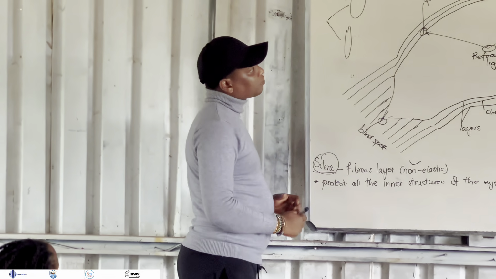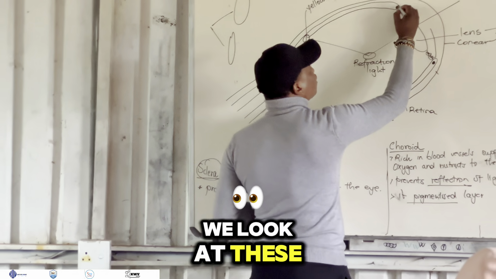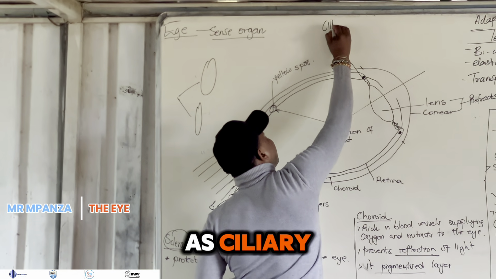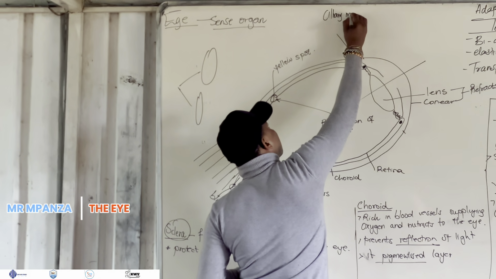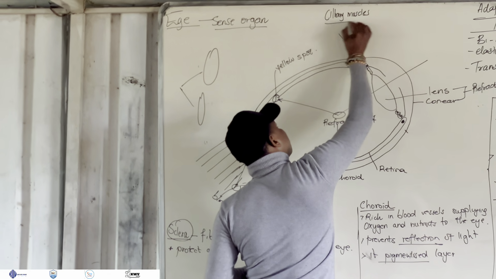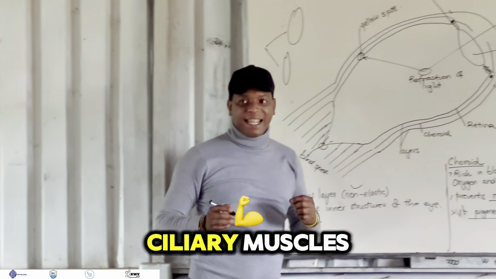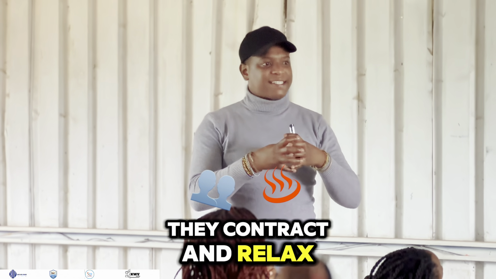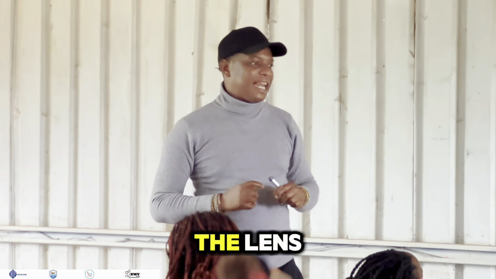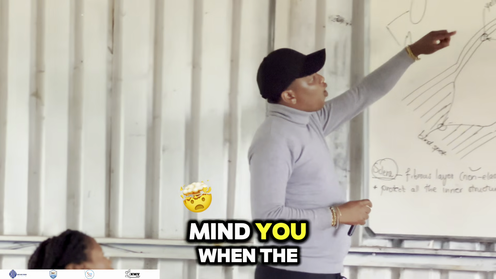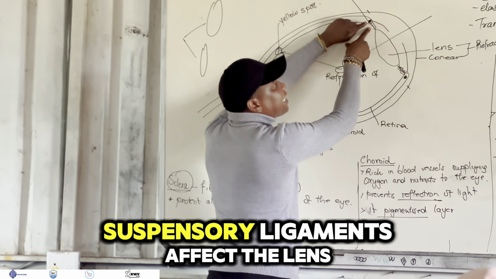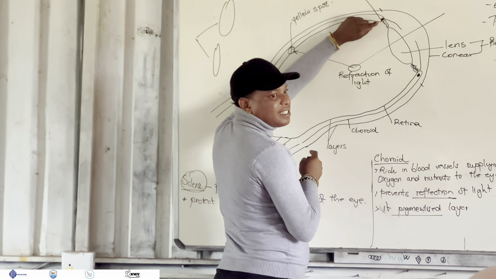And then we look at these two muscles. These muscles are known as ciliary muscles. What are they known as? Ciliary muscles. What do they do? They contract and relax to change the shape of the lens. Mind you, when this muscle contracts, it affects the suspensory ligaments, and the suspensory ligaments affect the lens.